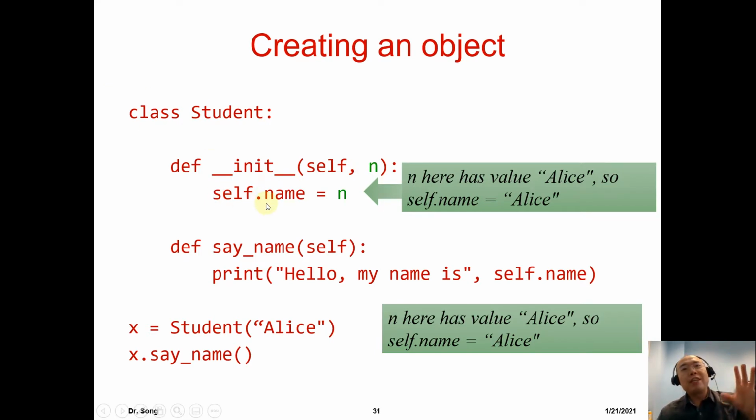So when we initialize an object, the attribute name will be the n sent by the caller of the constructor. Say if you want to do Student Alice, then this Alice will be the n here, and in the definition of the constructor we assign this n to the current object as the attribute name. This is how we create a student whose name is Alice.